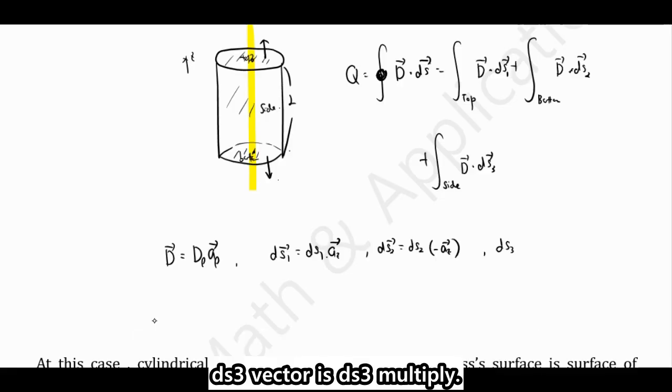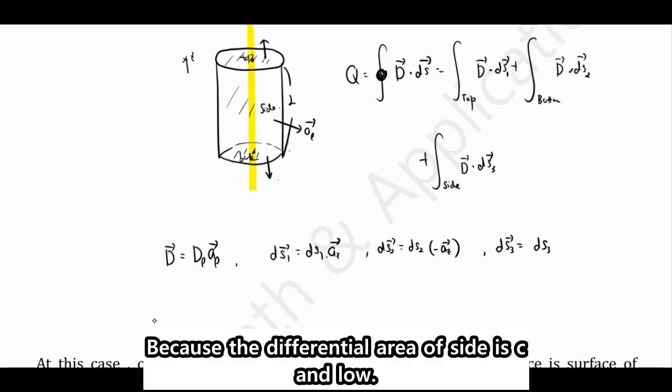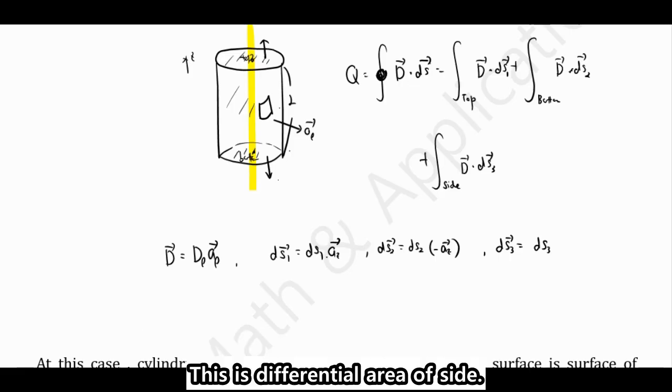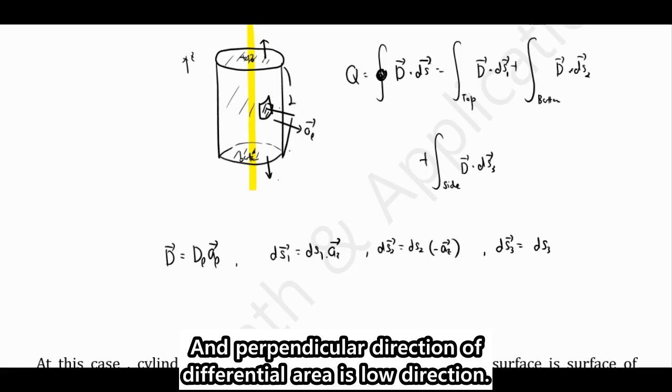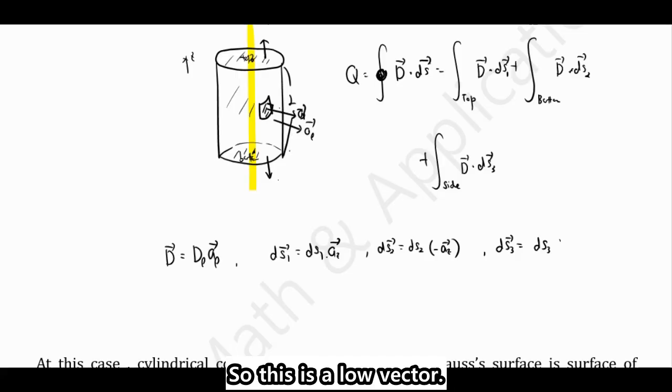The dS3 vector is dS3 multiplied by the direction of dS3, which is rho direction, because the differential area of the side is perpendicular to the rho direction. So this is a_rho vector.